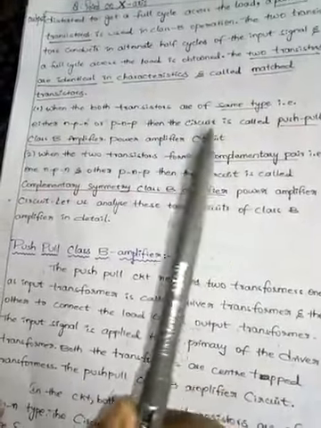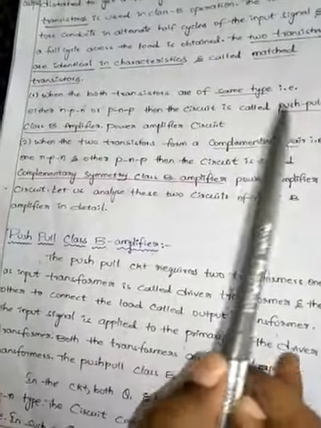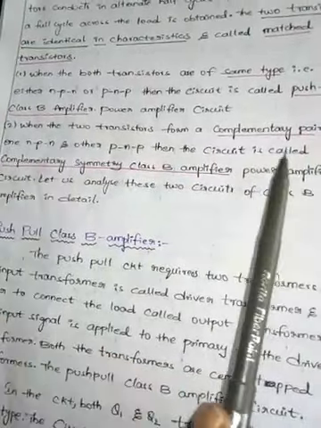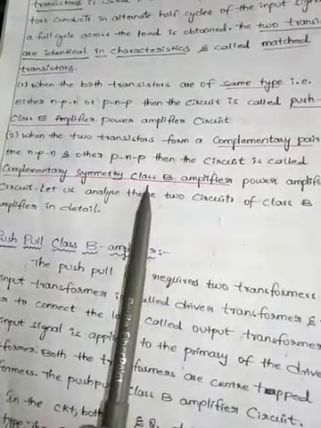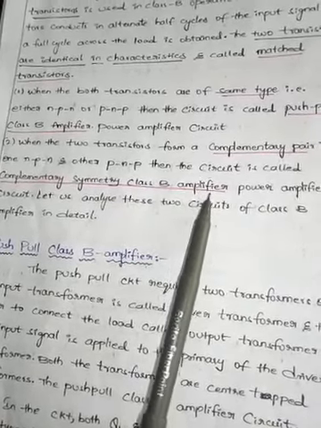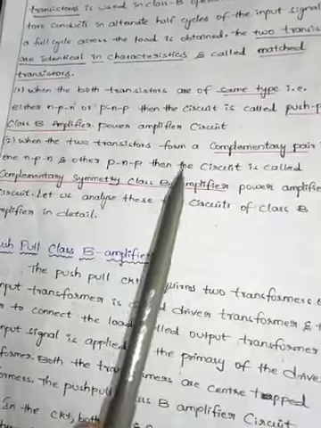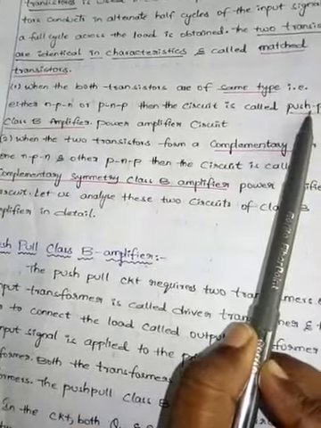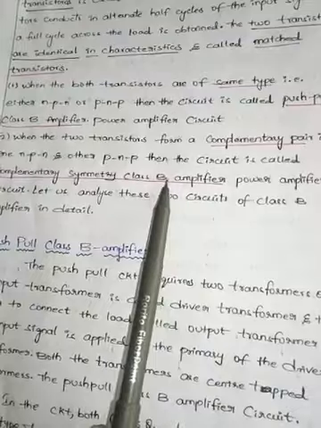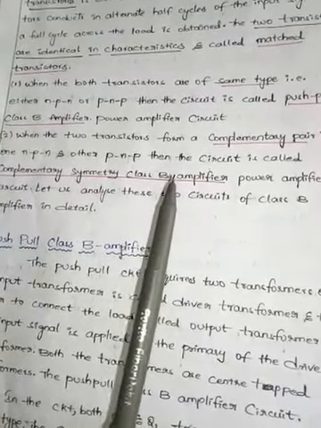In this case we will get two terms. One is the push-pull class B amplifier and the other is the complementary symmetry class B amplifier. Here we need to see the explanation of both.